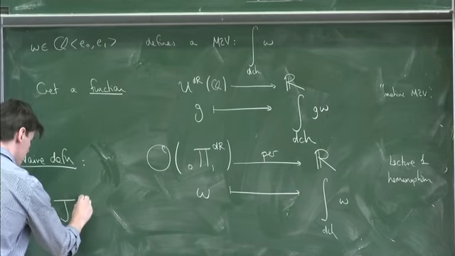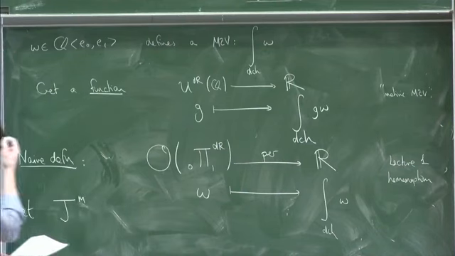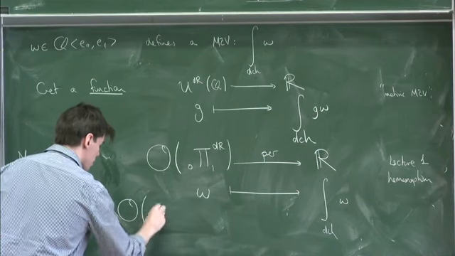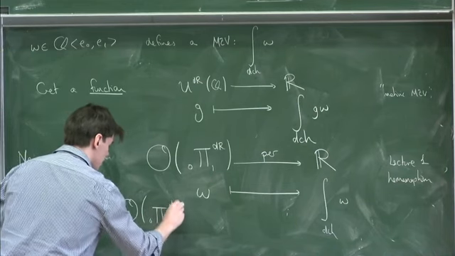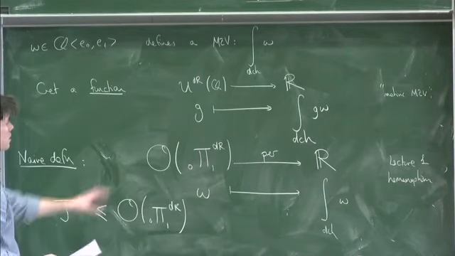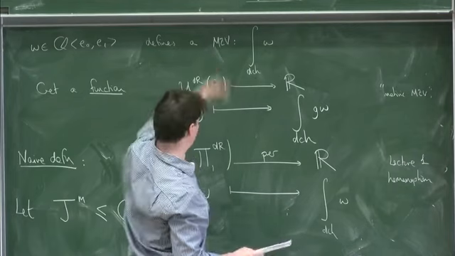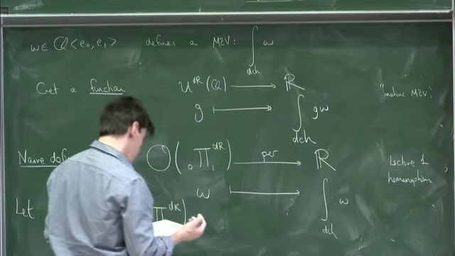So now let J_m be contained in this thing, the vector space spanned by words in these letters. In particular, it's graded.